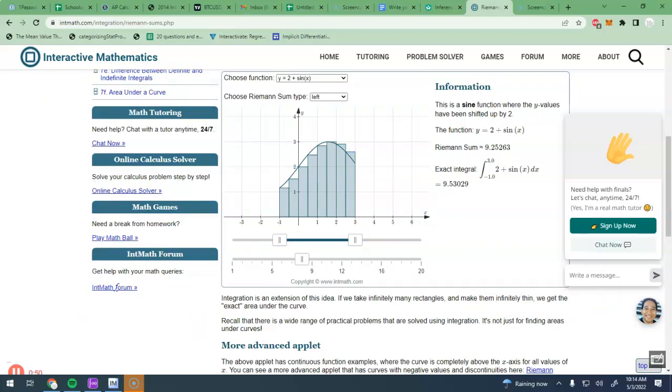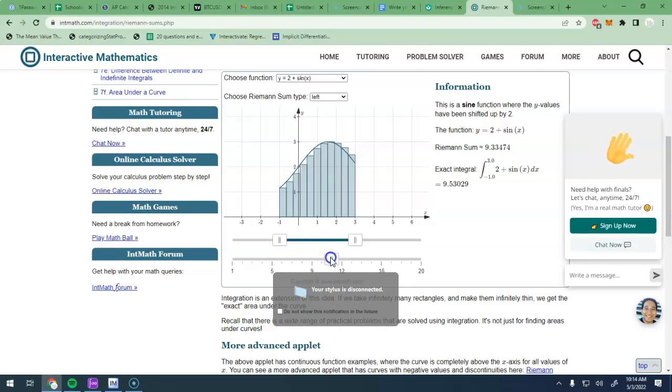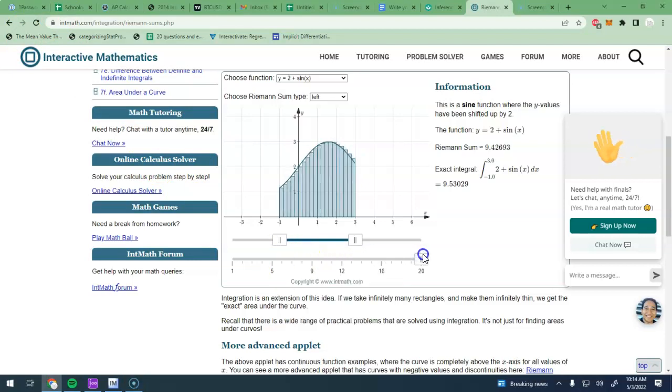I could draw these rectangles and add up their areas, but it's not exact, right? If I made more rectangles, would it become a better or a worse approximation? It would be better. The more rectangles I have, the better it lines up with that space. If I only had one, that's terrible.